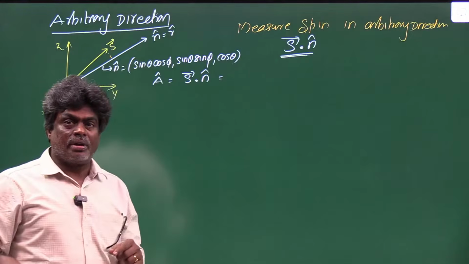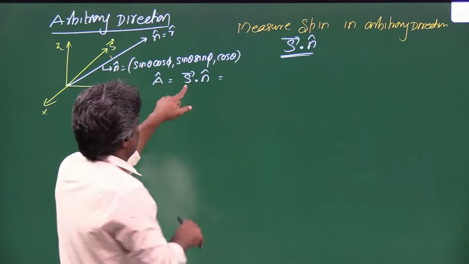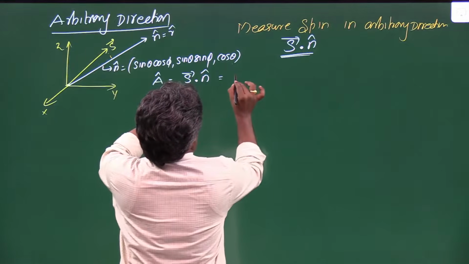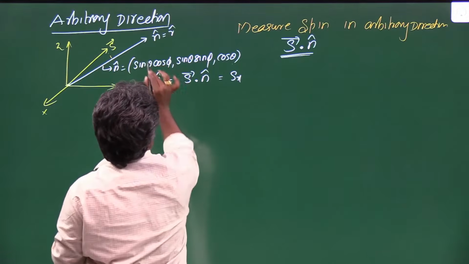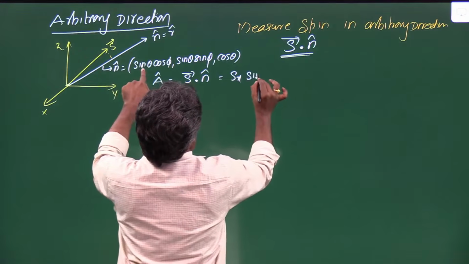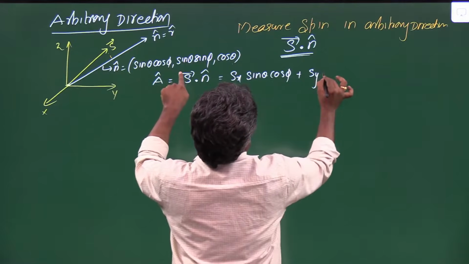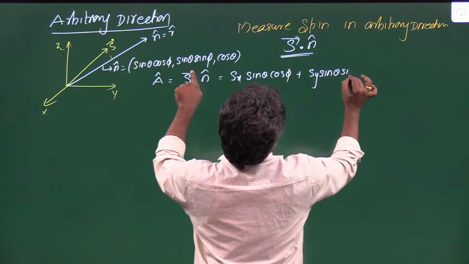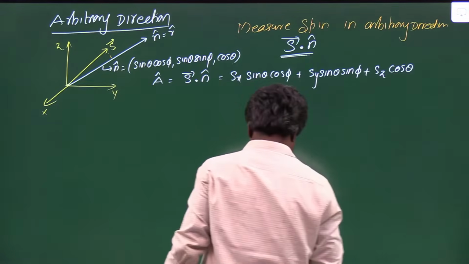Sir, earlier why didn't you get it? We have written the Sx, Sy, Sz matrices. Now similarly S bar dot n cap means the dot product: Sx times sin theta cos phi plus Sy sin theta sin phi plus Sz cos theta.